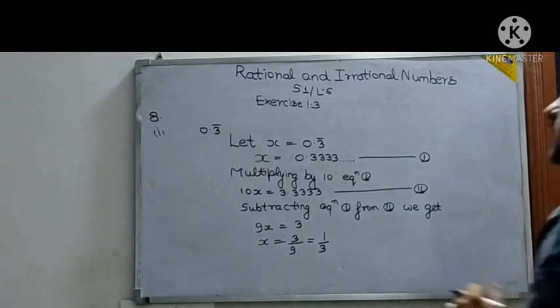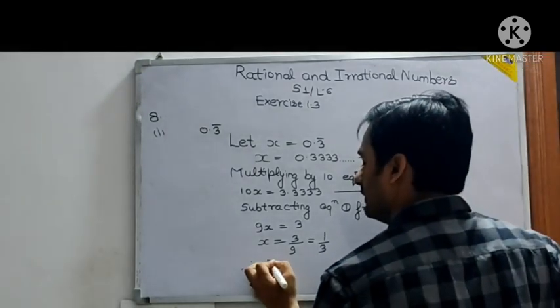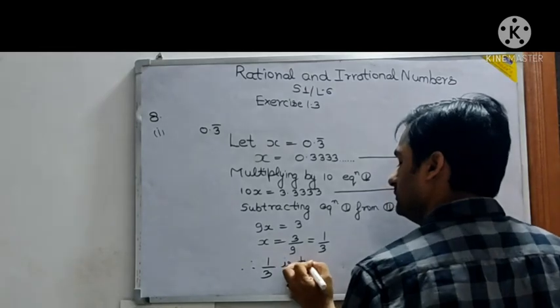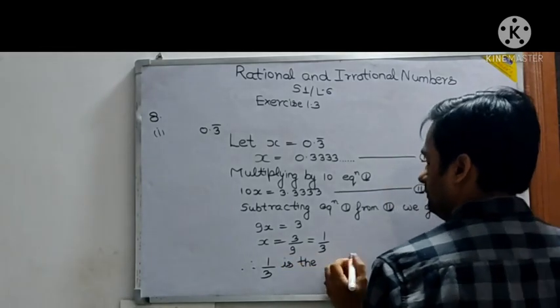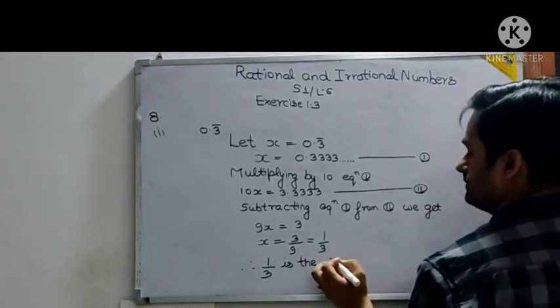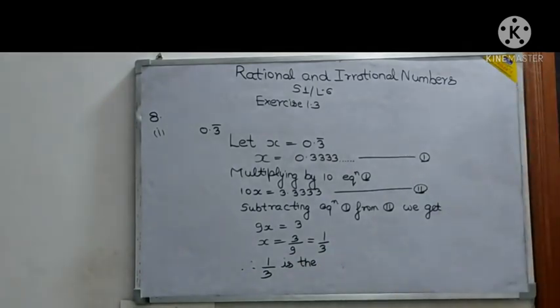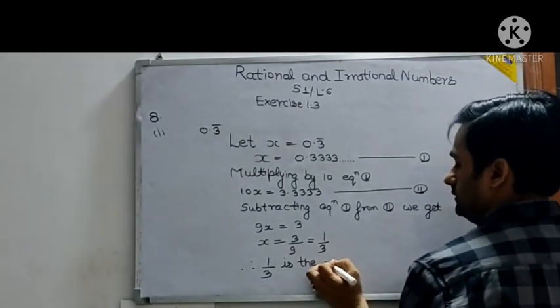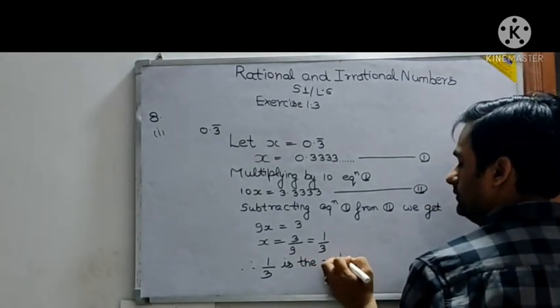Okay, so let us write therefore 1 by 3 is the rational number.